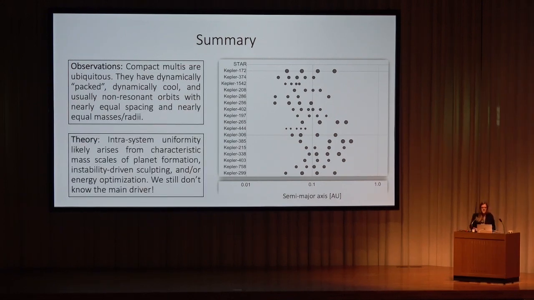This intersystem uniformity likely arises from some combination of characteristic mass scales from planet formation, instability-driven sculpting, or energy optimization. But we still don't know the main driver. It provides important clues for planet formation that require further work to fully appreciate.